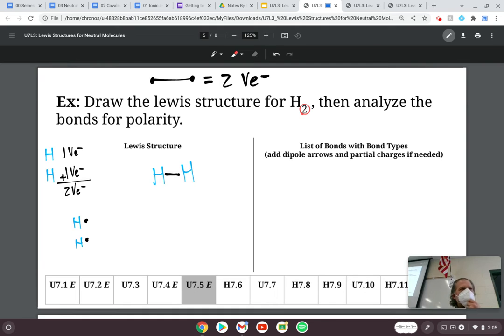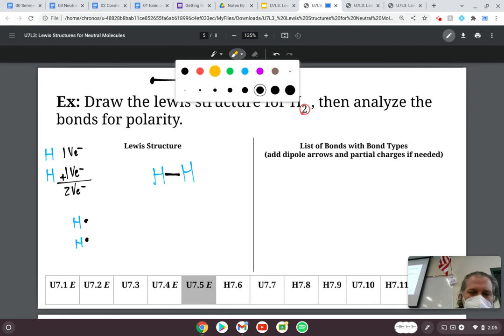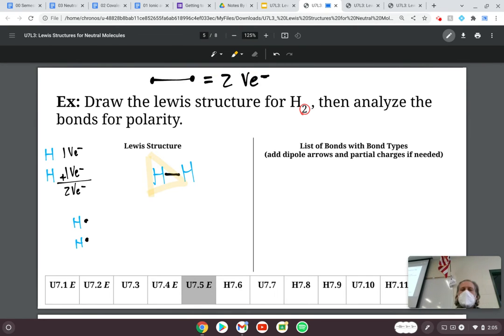And those are the 2 electrons that are involved in the bond. So how many electrons does hydrogen want in order to be satisfied? 8? 2, right? So if I look at this hydrogen atom, the one on the left, that line is 2 electrons that are shared for that hydrogen atom.